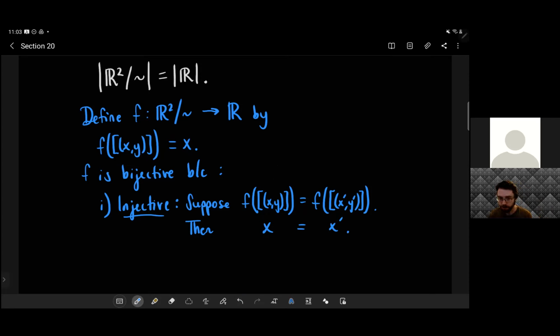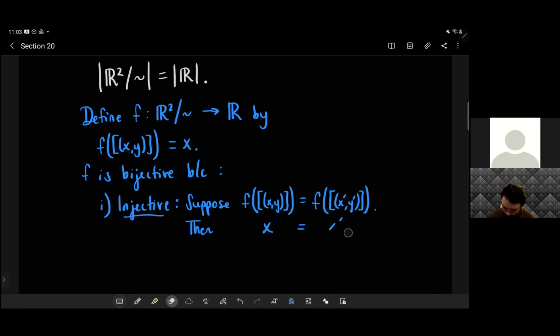But we're not done, right? We need to also show that y equals y prime. Or actually, I guess we do need to show that. Let's see. Sorry, no, that's sufficient.